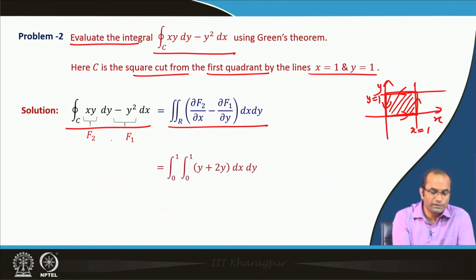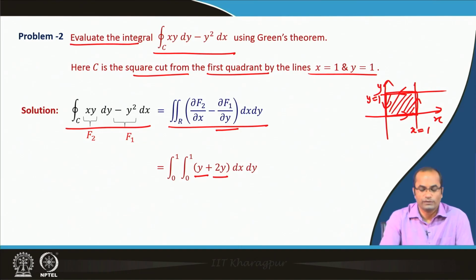So, f2 with respect to x gives y, and f1 with respect to y gives 2y, and with the minus sign there, it will become plus. So, we have y plus 2y integrated over this region R, where the limits are 0 to 1 and 0 to 1, it is a square, and this is very easy now to compute.